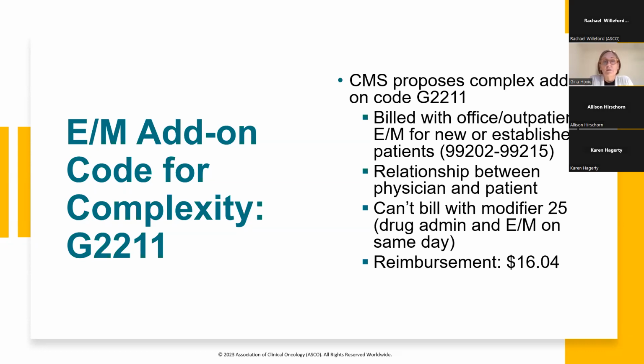So if you are doing drug admin on the same day as an E&M and reporting that 25 modifier, you will not be able to report the add-on code for complexity. And then the reimbursement for the G2211 by itself is $16.04. This is not the geographically adjusted rate, but just the published rate. And that would be on top of whichever E&M service you are reporting.